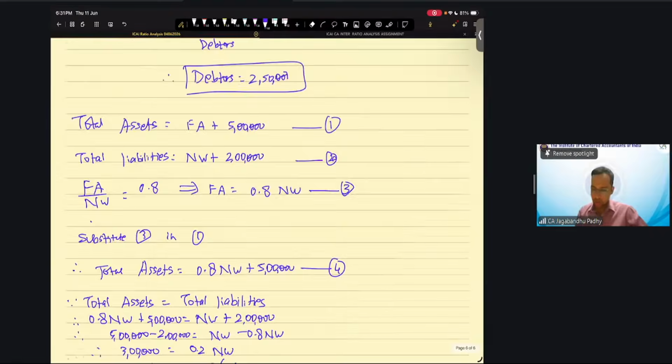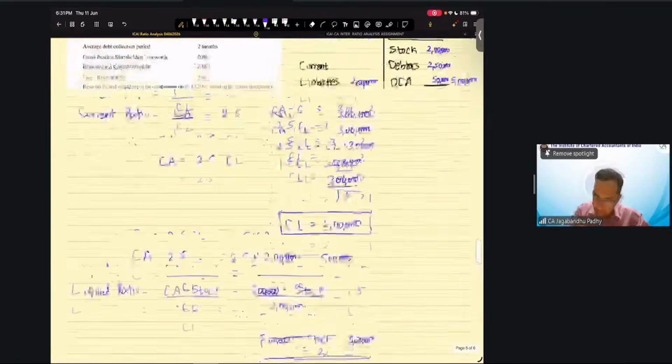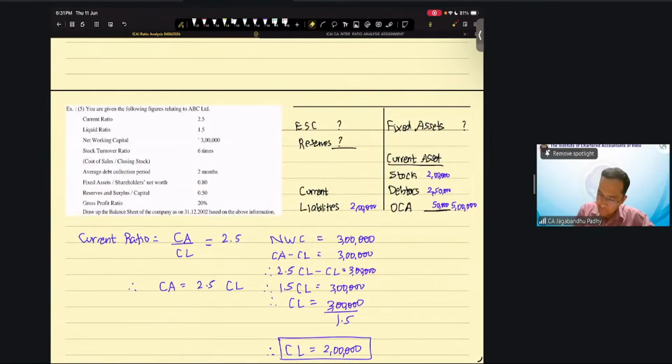Okay, so we have the value of net worth computed as 15 lakh, which is the total of equity share capital and reserves.